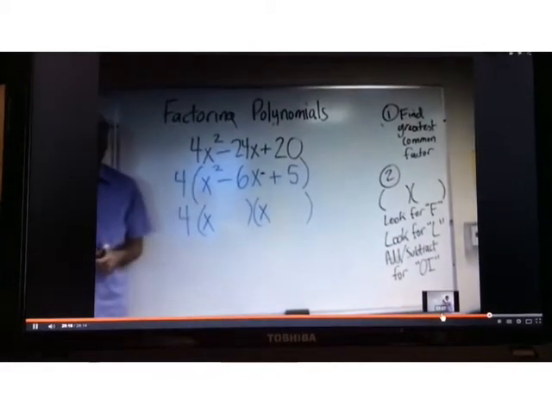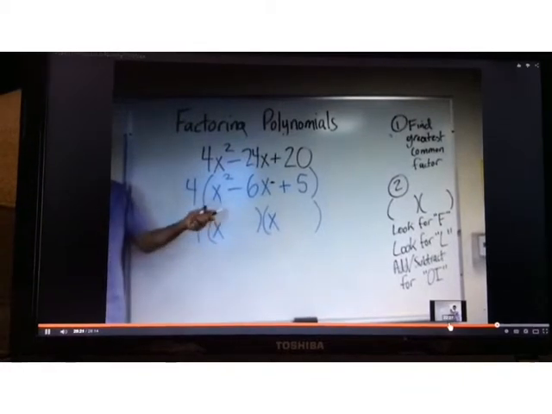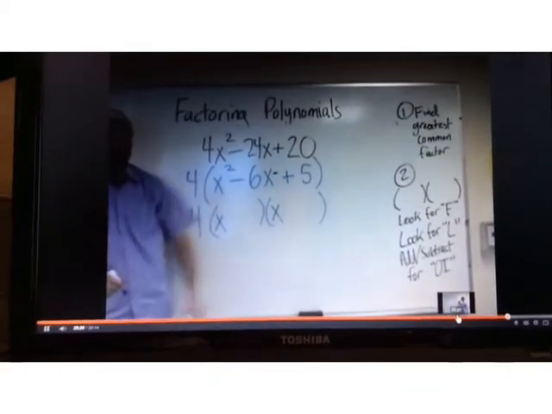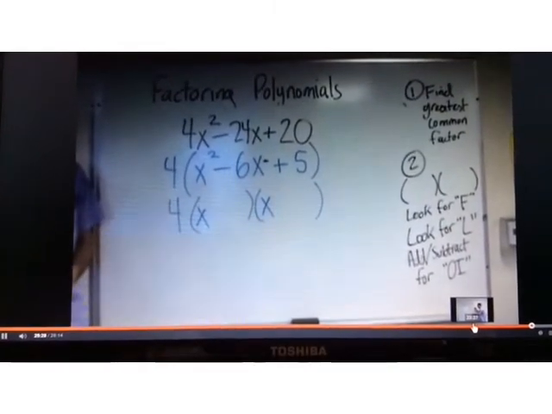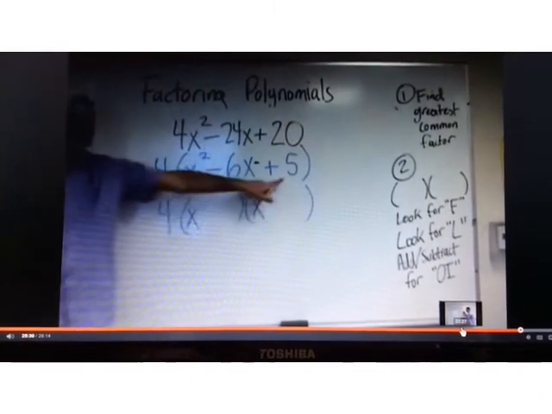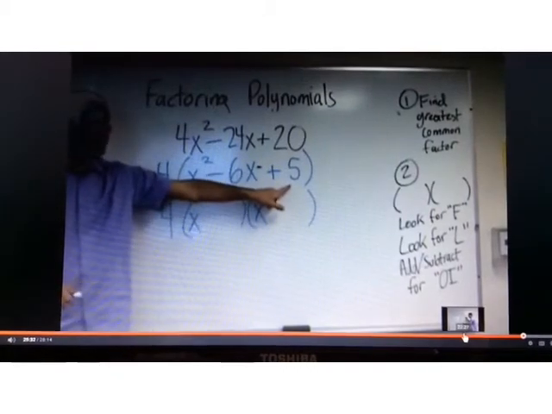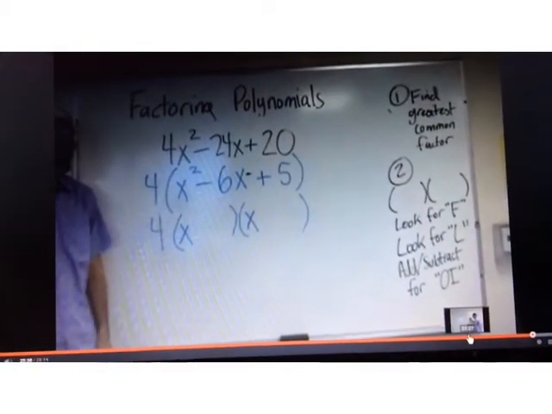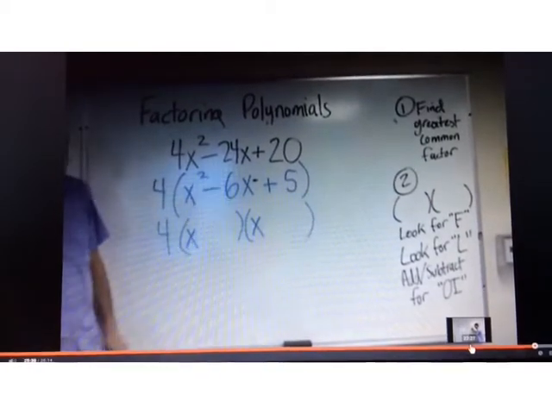Then we look for L, which is the 5. 6 and 1 subtracted? Think of it in terms of multiplying. 3 and 2, multiplying to 5? 5 and 1, yeah, multiplying to 5.